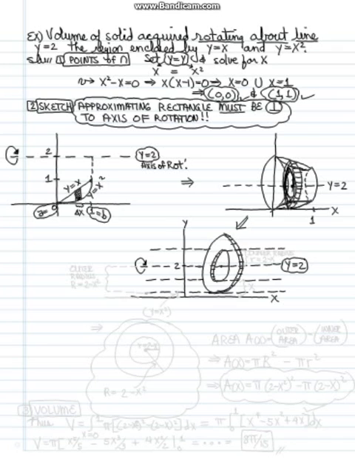And there's the y-axis. We first establish the small radius, the inner radius, little r, represented by the function y equals 2 minus x.